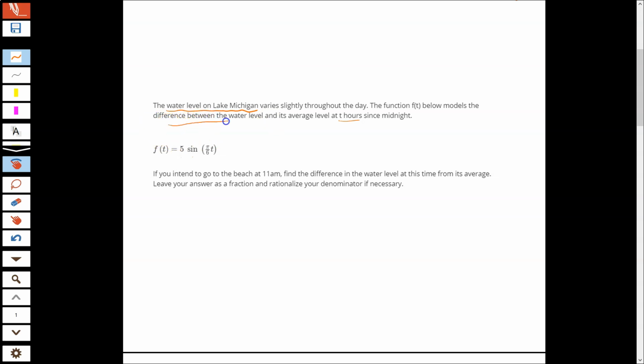So what that means is there's some average water level, and then we fluctuate above and below it over time. And we intend to go to the beach at 11 a.m., and we want to find that difference in the water level. So that means t is 11.